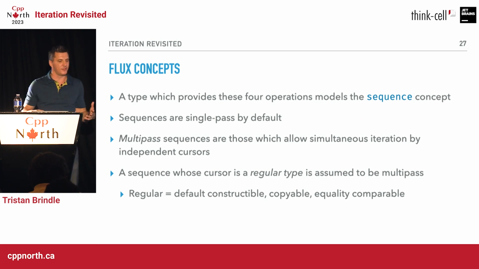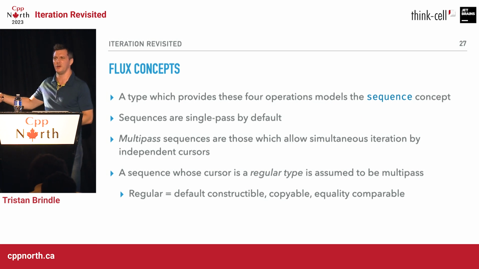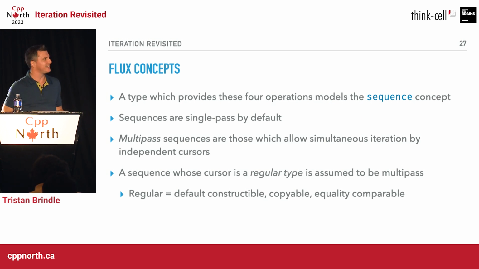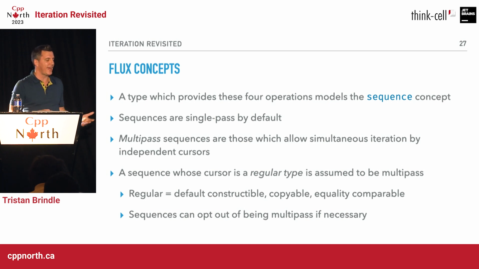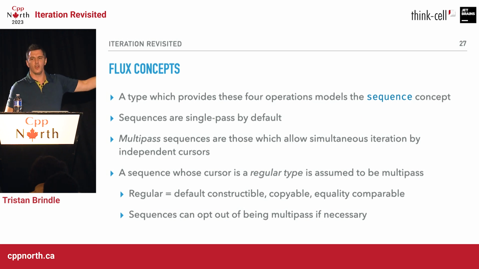Semantically, the cursors of single-pass sequences should be move-only, but I didn't want to require move-only, because requiring something not to be copyable is weird. So if you happen to have a copyable cursor but your sequence is only single pass, then you can opt out. This is the opposite default to ranges.